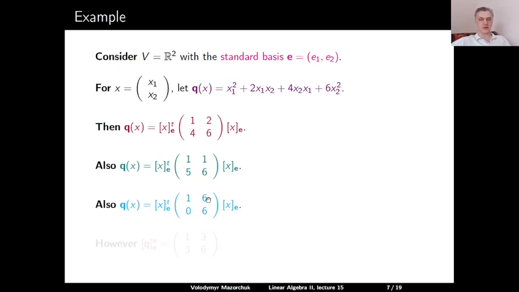This is because 0 plus 6 is equal to 1 plus 5, and it is equal to 2 plus 4. And the only symmetric matrix for which we can write a similar expression would be the matrix 1, 3, 3, 6. So this symmetric matrix is the matrix of our quadratic form Q in the standard basis.